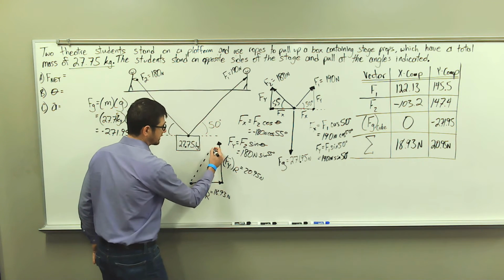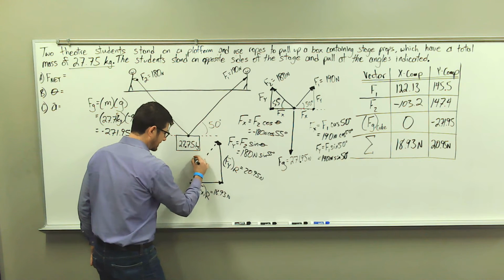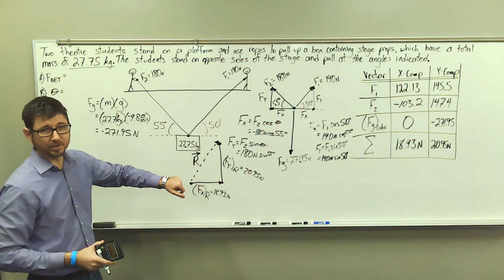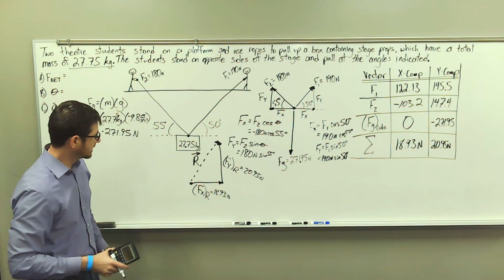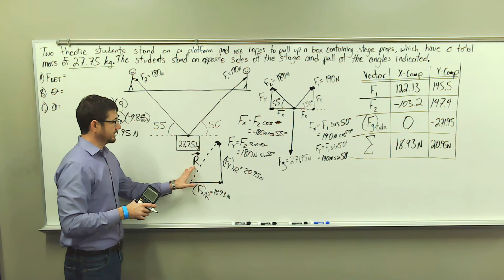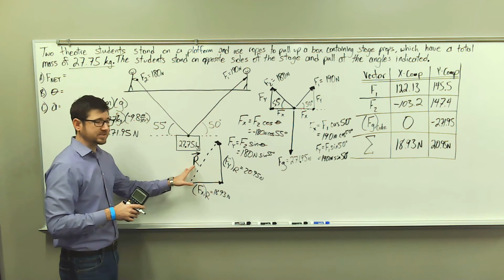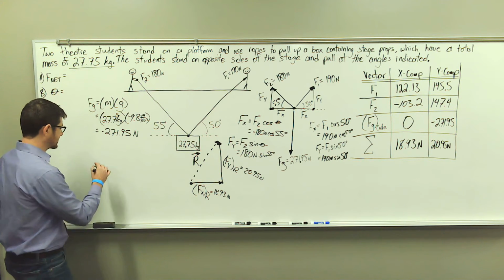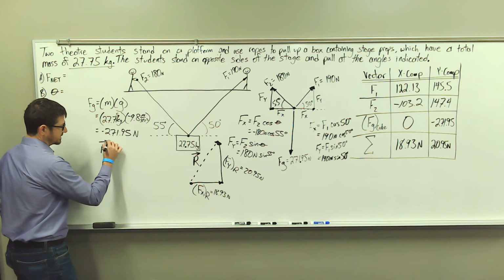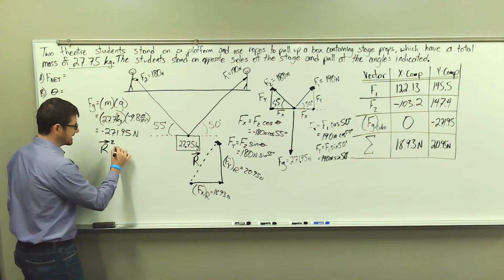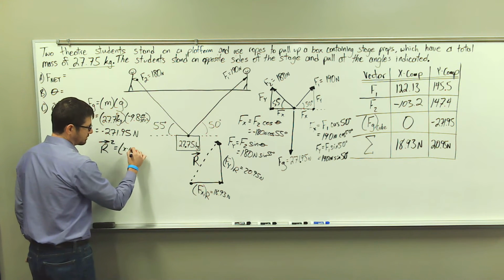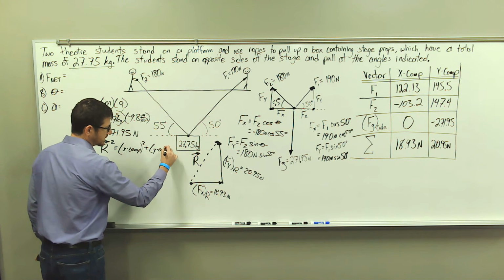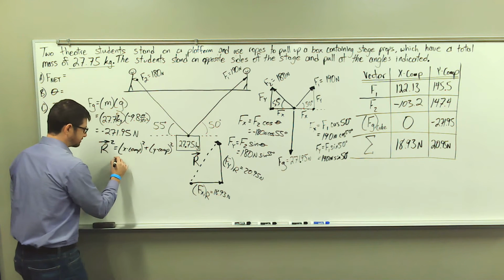So what we have here is our resultant. I'm going to go ahead and use vector notation with my vector arrow above right there. Now we can calculate our resultant vector by using the Pythagorean theorem. So our resultant vector squared is equal to the x component squared plus my y component squared.